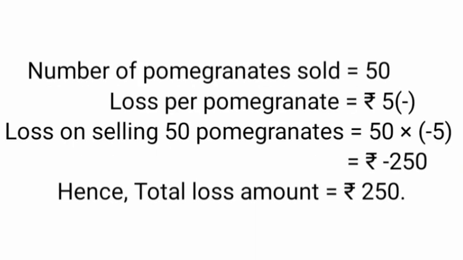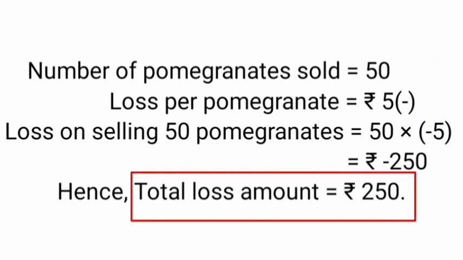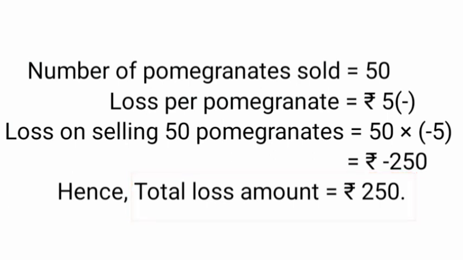Now we need to find the total loss on selling 50 pomegranates. To get the loss amount, we should multiply 50 by minus 5. Here this minus indicates the loss on selling pomegranates. Hence the total loss amount is equal to rupees 250.